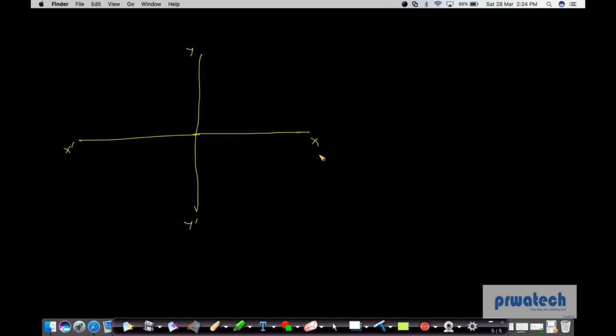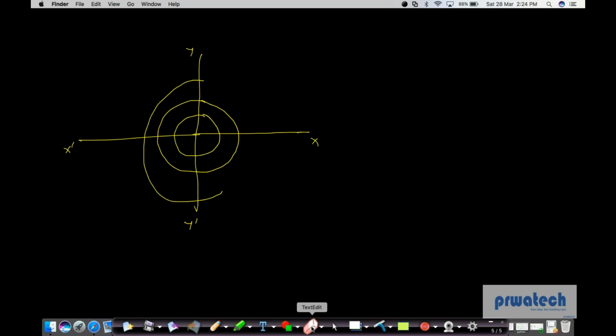We know this side is positive, this side is positive, this side is negative, and this side is also negative. Now there are different circles in a dart game. So say I have 3 different circles.